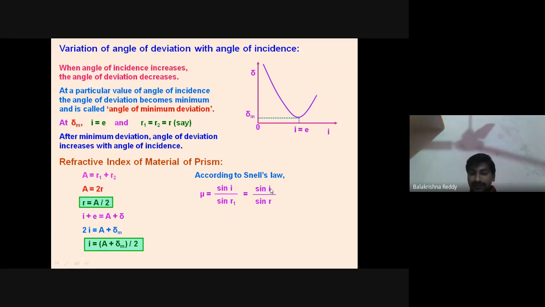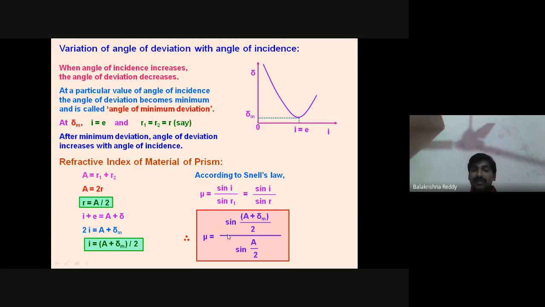In place of i, I am substituting this value, (A plus delta m) by 2. In place of small r, I am substituting A by 2, so sine r equals sine of A by 2. Therefore, I have the refractive index of the prism: mu equals sine of (A plus delta m) by 2, divided by sine of A by 2.